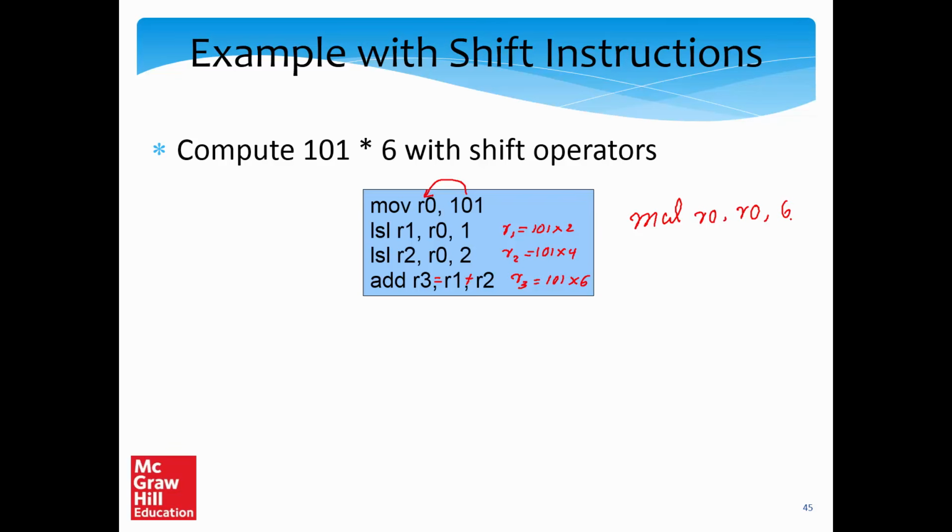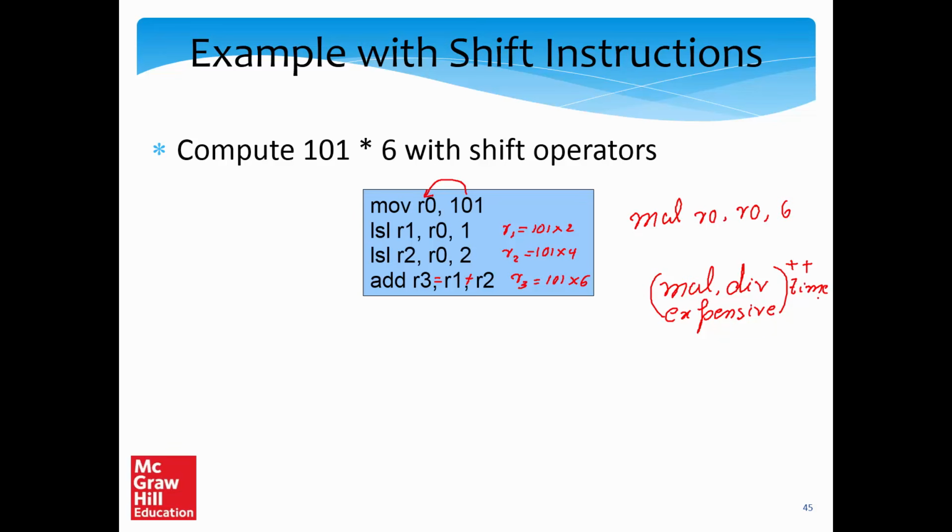Why did we have to have two shifts? Here is the answer. So typically in hardware, multiplication and division are very expensive operations. Expensive in the sense that they take a lot of time.